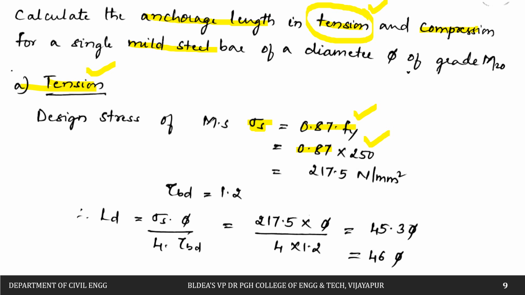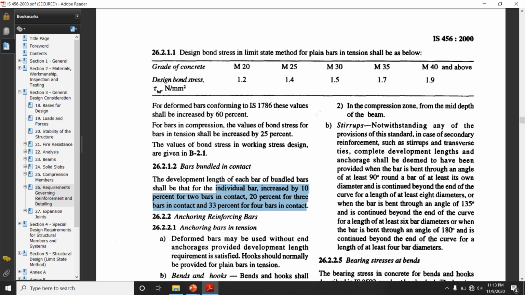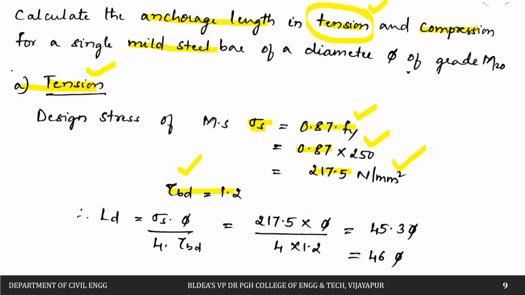So 0.87 times 250 will be equal to 217.5 Newton per mm square. Then next comes tau BD, which is the average design bond stress. That is given in the code book itself. We have M20 grade of concrete, so its value will be 1.2. So tau BD will be equal to 1.2.